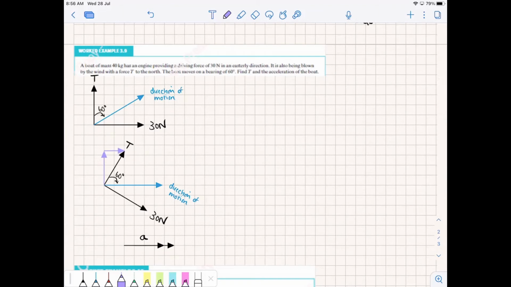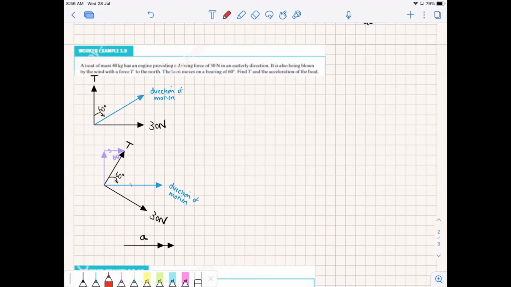And we can have a look at that now and see where our angles are. There's our 60 degrees, right? And we can say that's 60 degrees because it's just an alternative angle. Okay, when we draw these force vectors, remember these two lines are parallel to each other.